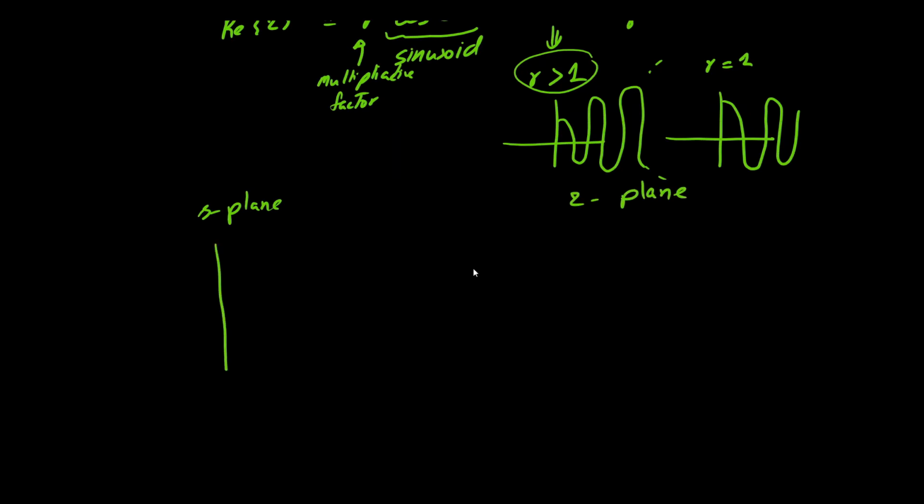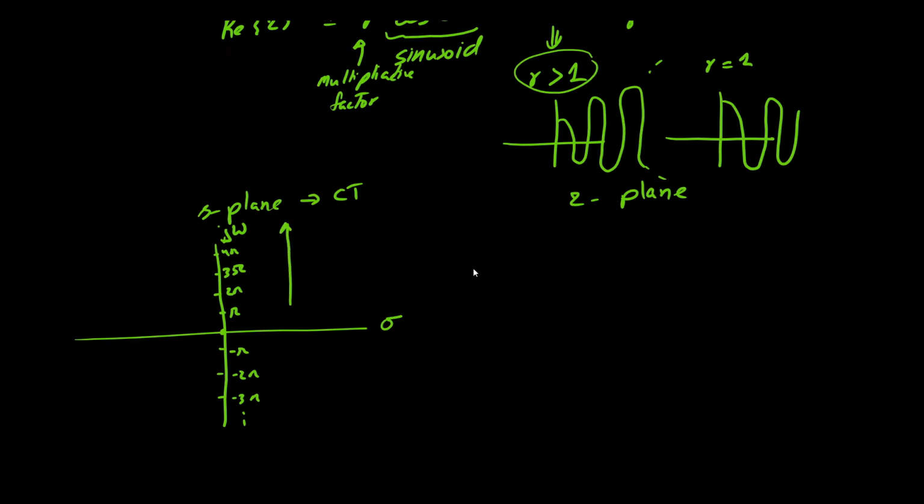So in the S-plane, we know that we have sigma with respect to j omega. So we can further divide the y-axis in terms of pi, 2 pi, 3 pi, 4 pi, and so on, and similarly on the negative side. In the S-plane, which is for continuous time signals or systems, as we increase the frequency, the oscillations would increase.